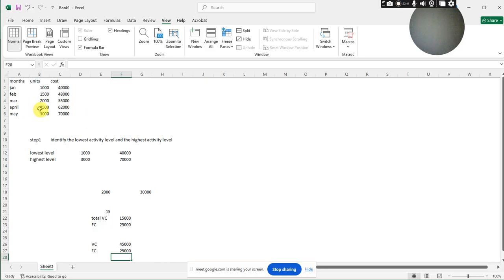So in April we have 2,500 units, right? To get your variable cost in April, it should be 15 naira multiplied by 2,500. Anything you get, you subtract it from 62,000. The balance must be 25,000.